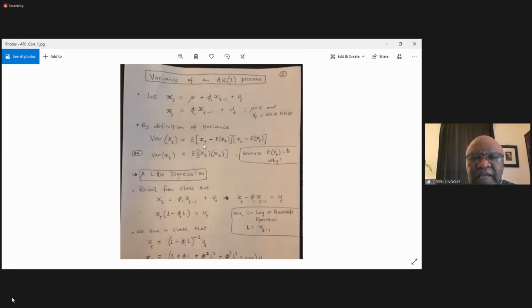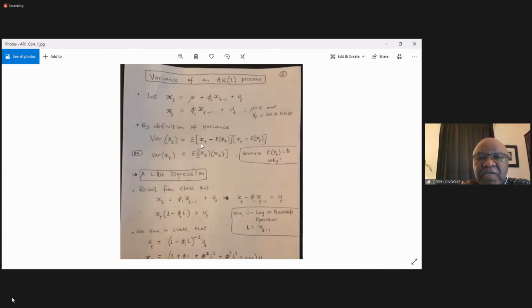Look at this. It's the expectation of xt minus the mean of xt, times xt minus the mean of xt. Because variance is autocovariance at lag 0, t minus the lag is t minus 0. So this is xt, and variance is really squaring the same thing. This times itself, that's squared. But I wrote it this way to prepare you for today's lecture on autocovariance.